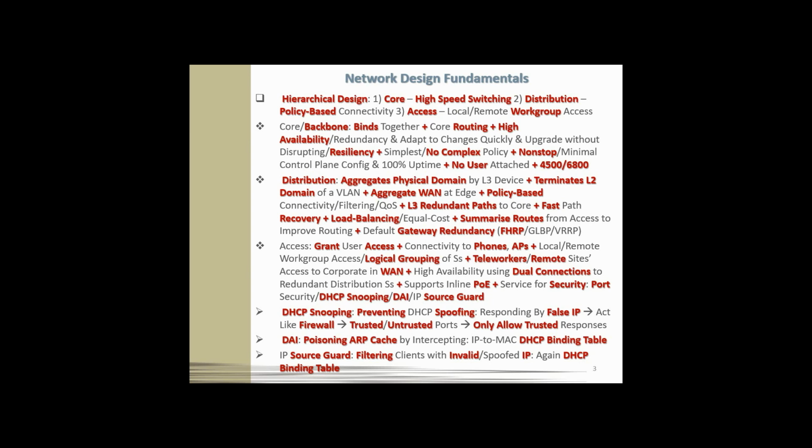This mechanism that requires you to have dual connections from access switches to redundant distribution layer switches behind default gateway redundancy is referred to as First Hop Redundancy Protocol FHRP.